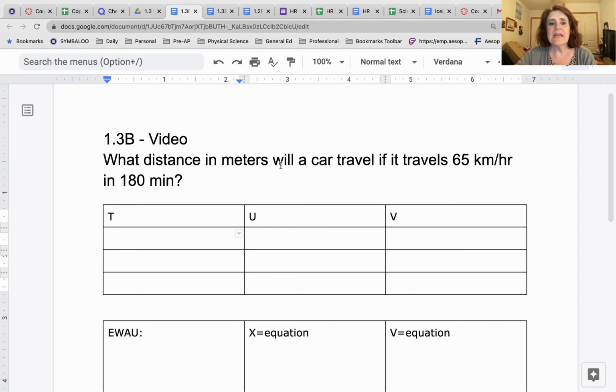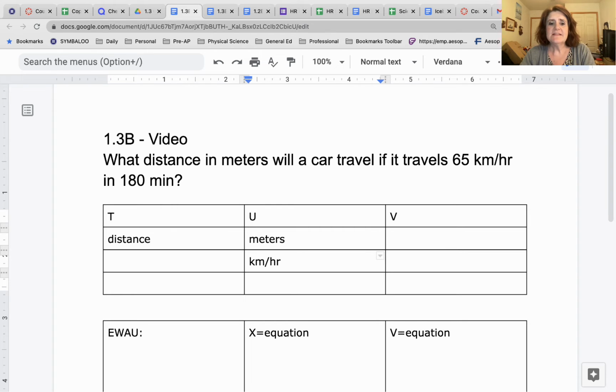in 180 minutes? So the first thing we need to do when we're given any word type problem is do a TÜV chart. So the first term we come across is distance in meters. Okay, then it travels 65 kilometers per hour.